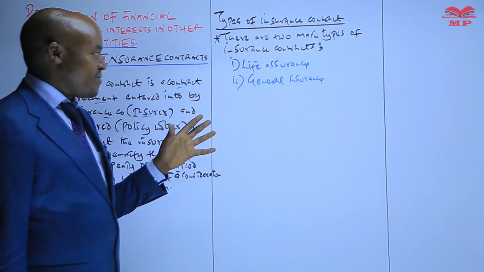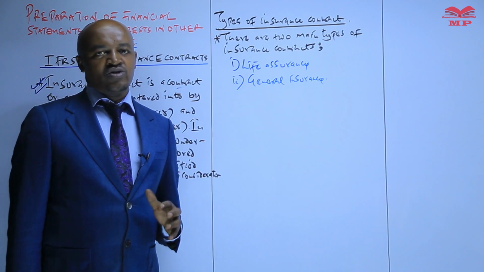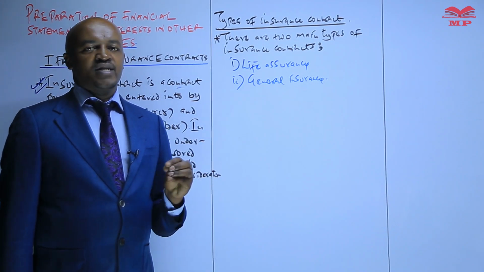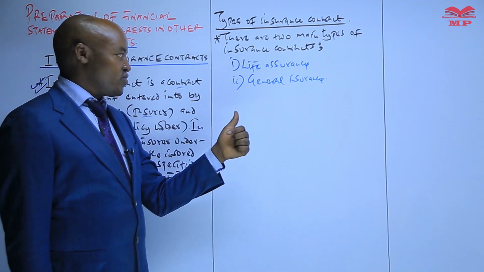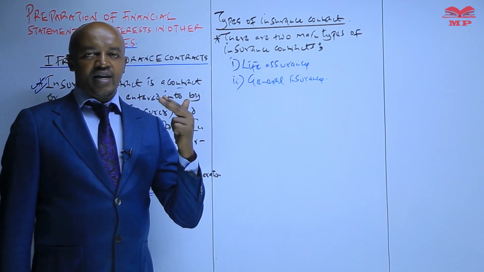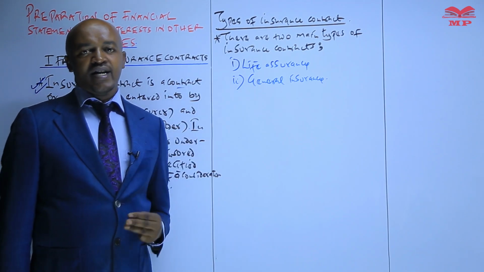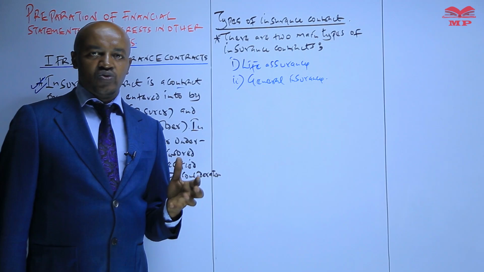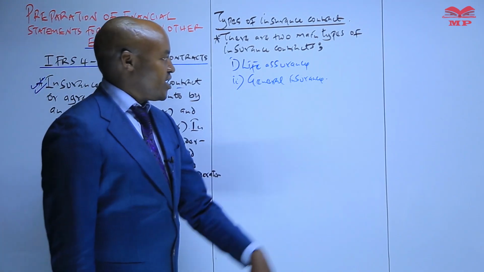But on the other hand, when we talk about general insurance, this refers to any other insurance contract offered by the insurance company other than life assurance. These include insurance contracts such as fire insurance, marine insurance, burglary insurance, and so on. All those are good examples of general insurance.